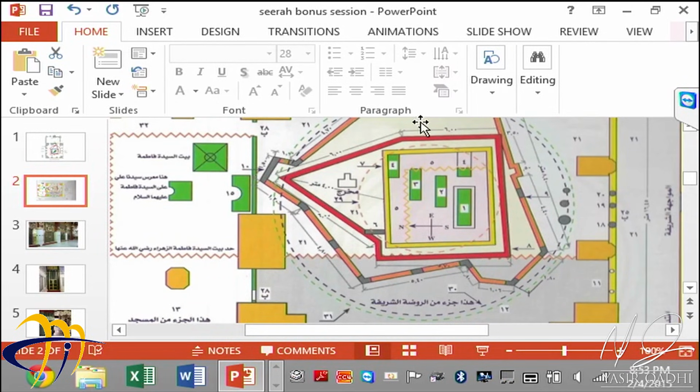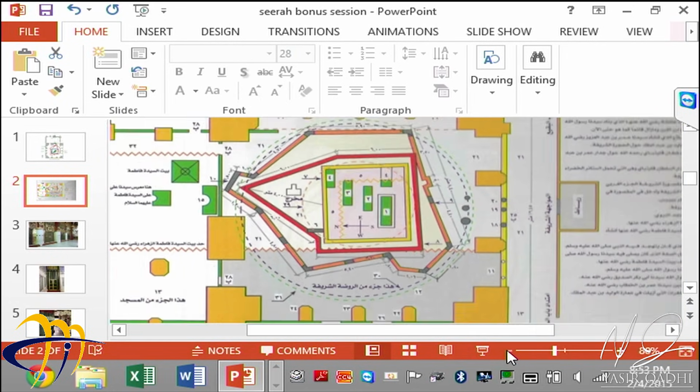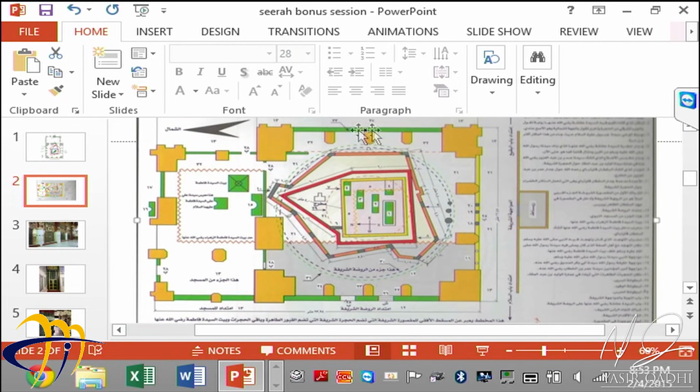And this was what was there for the longest time, as we said, over 500 years. This wall was originally built by al-Zahir Baybars. The square wall, you see this square wall? This large wall was originally built by al-Zahir Baybars with wood.